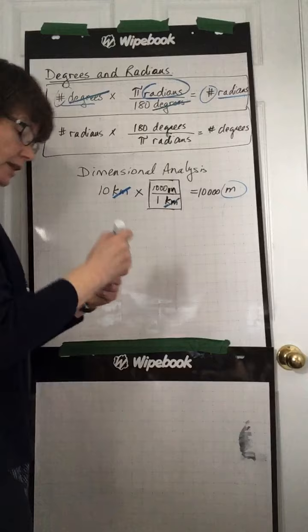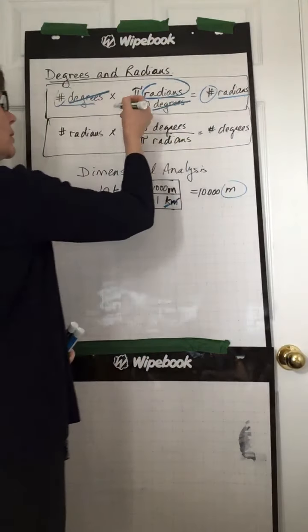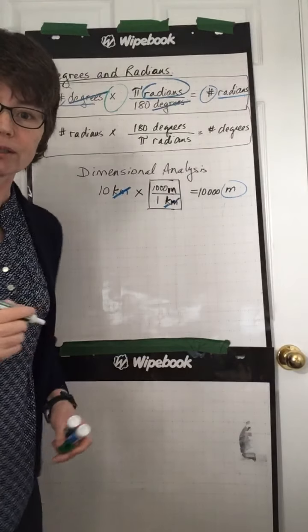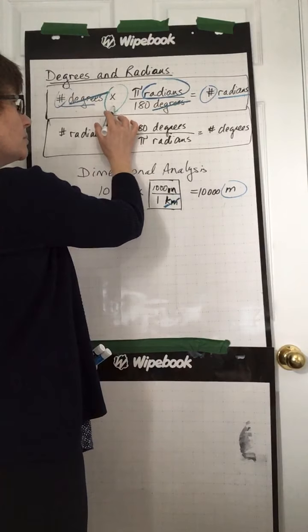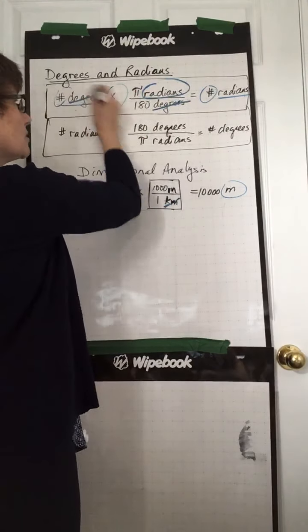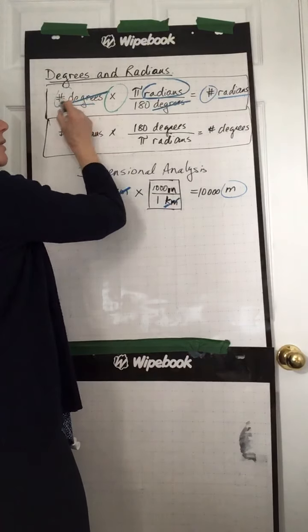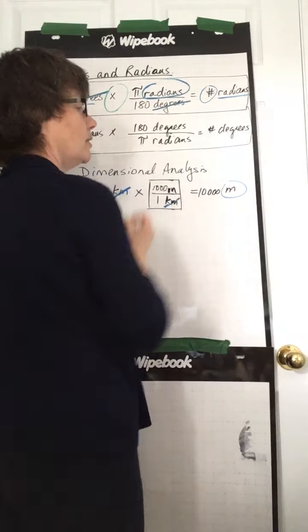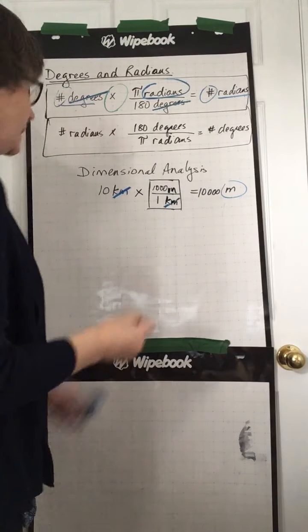Make sure you are showing math correctly. We're multiplying however many degrees by pi radians over 180 degrees, which cancels out the degrees, leaves us with the unit radians, and then we multiply the number by pi over 180, and we get whatever number it is. I'll do a couple examples with you.